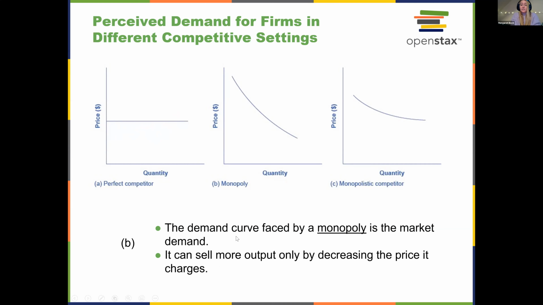The demand curve faced by a monopoly is the market demand curve. It can sell more output only by decreasing the price that it charges. Again, if you want a review of where these two demand curves came from, I do recommend going back to the monopoly video that discussed this more thoroughly.